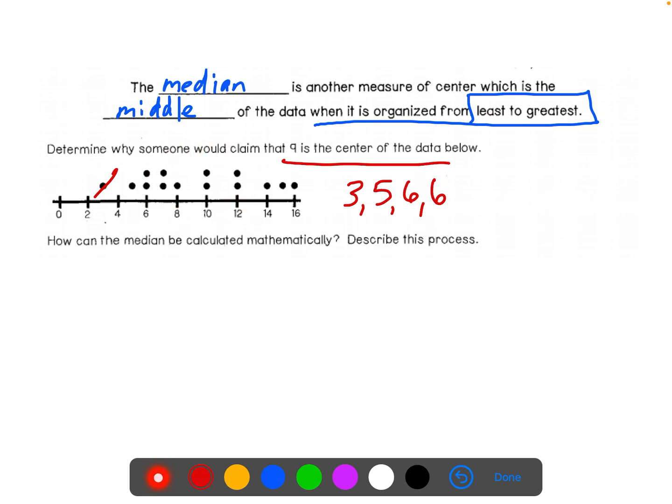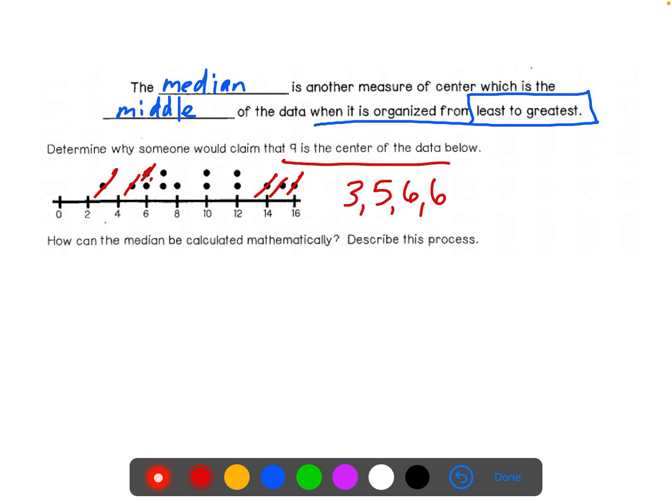I get rid of the lowest number, I would get rid of the largest number, which again is another outlier. And we're going to keep working into the center. So now I'll get rid of 15 and the next smallest number, which is 5. Get rid of 14 and get rid of 6. And I just keep bouncing back and forth, working my way into the center of the data here.